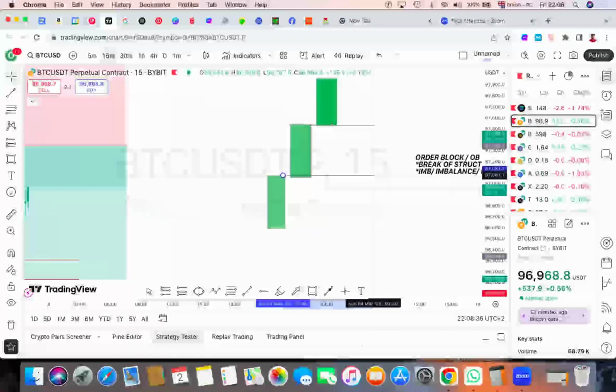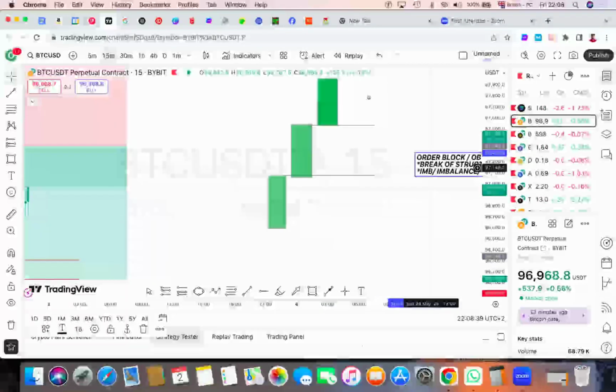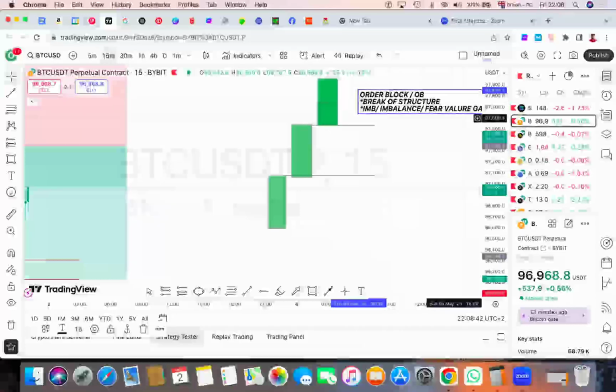Now, for you to differentiate, I said imbalance and fair value gap are the same thing. But here is another thing you have to know. In a very bullish scenario, when you want to define your institutional candle and there is a big gap like this, it is the highest among the three candles, and this you call imbalance.